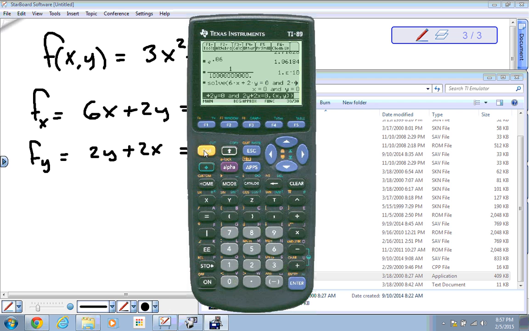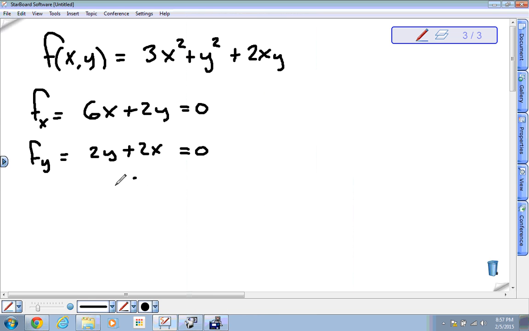And you'll see that it's 0, 0, which makes perfect sense because that's about the only one that could happen. So 0, 0 is our critical point.